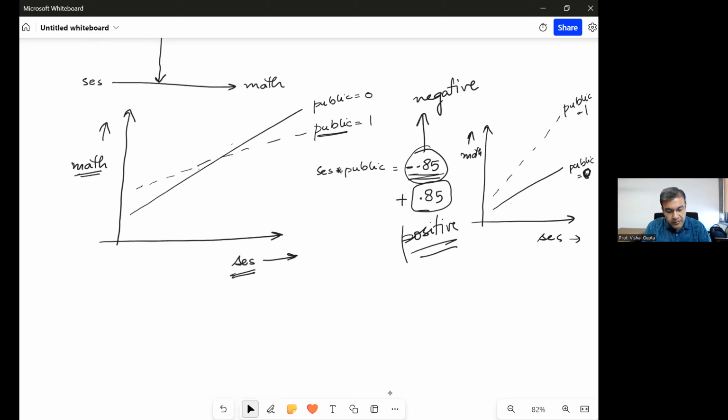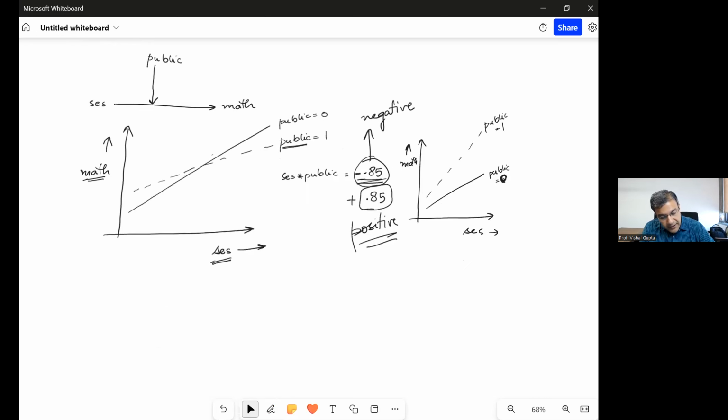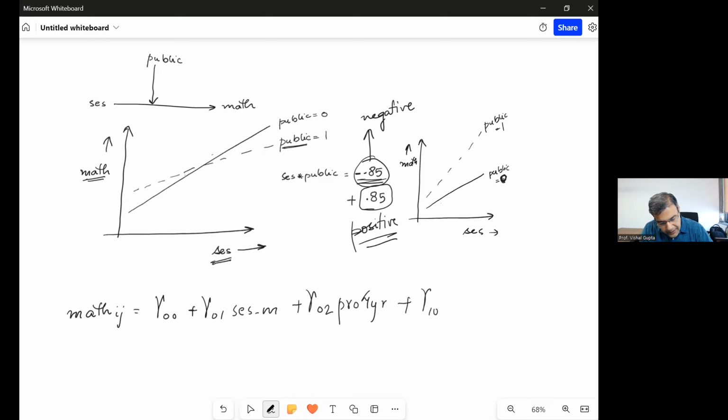Now you should also remember that this is a multivariate equation, math ij, where you have some intercept plus gamma 01 SES mean plus gamma 02 pro Fourier and gamma 10 SES and gamma 11 SES into public.